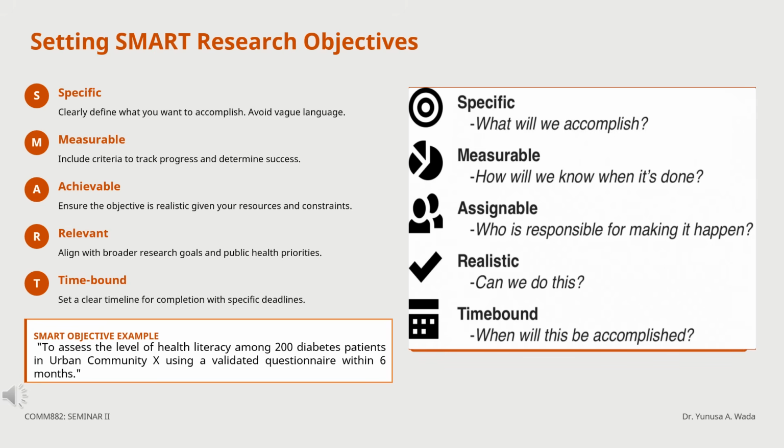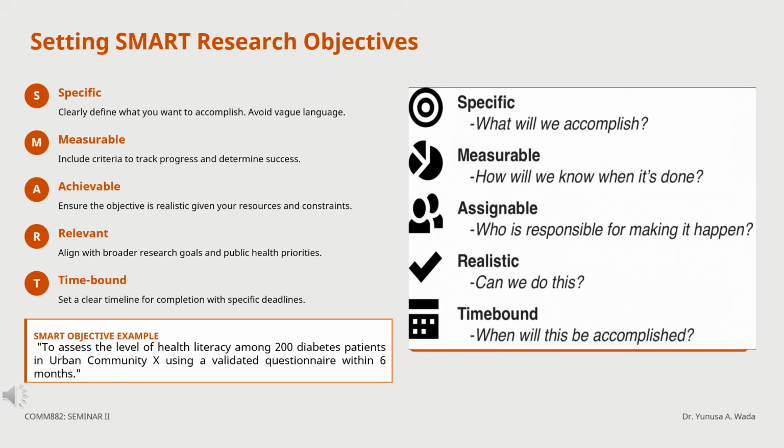That is, the research objectives are specific statements that describe what your research will achieve. And to ensure they are effective, we use the SMART framework, where S stands for specific, which means your objective should be clear and unambiguous.